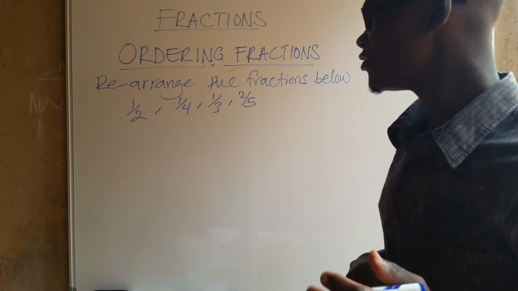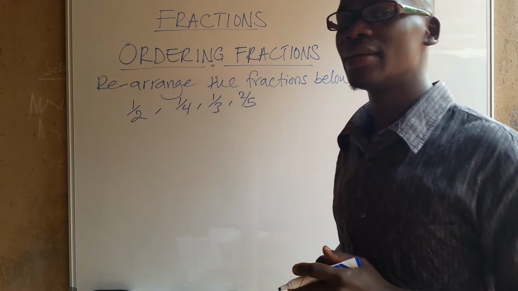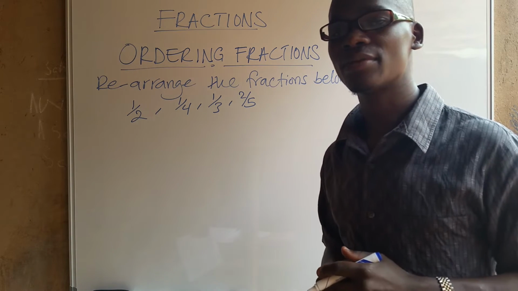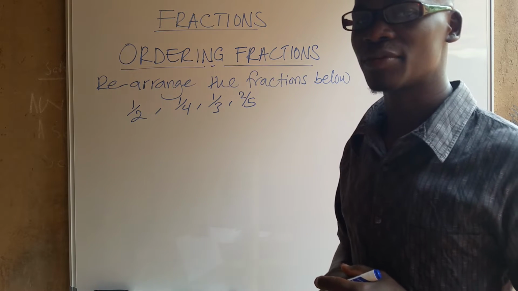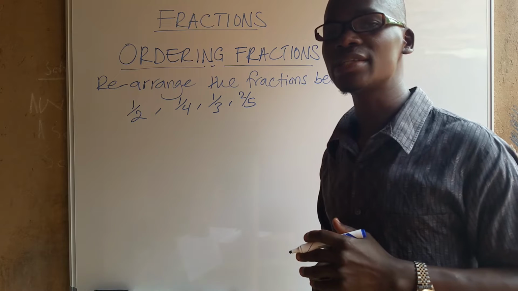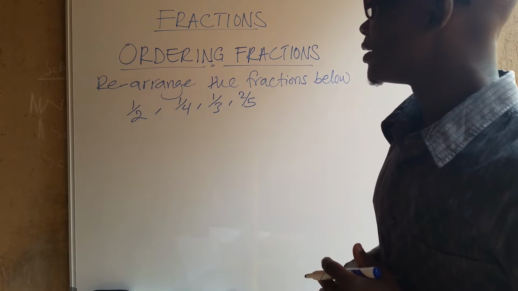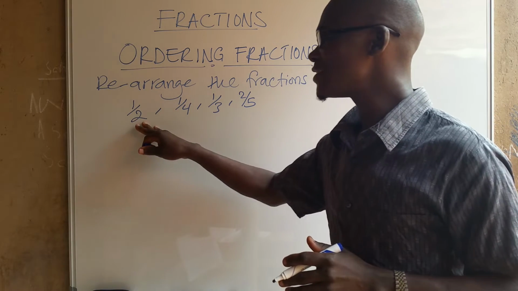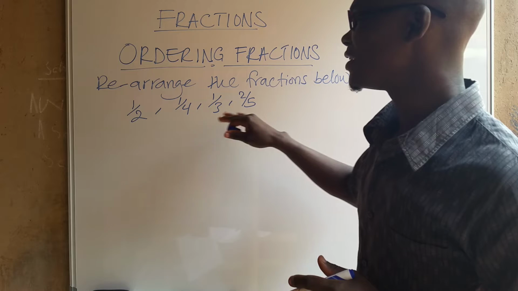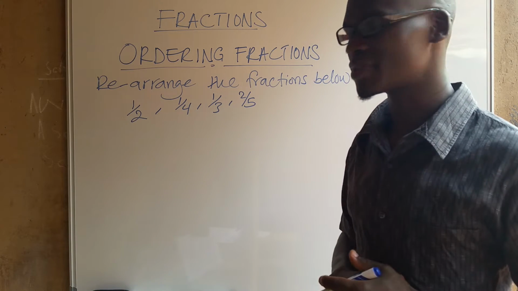But before we look at the orders, let us go through the steps of how we rearrange these fractions from either the biggest to the smallest or from the smallest to the biggest. We cannot just look at these fractions and determine which one is the smallest, but we follow steps.